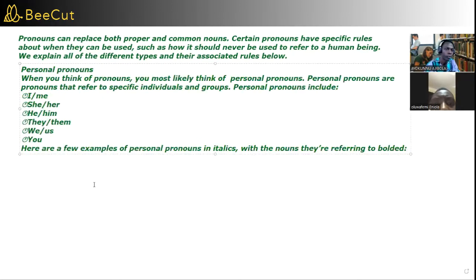When you think of pronouns, you most likely think of personal pronouns. Personal pronouns are pronouns that refer to specific individuals or groups. Personal pronouns include I or me, she or her, he or him, they or them, we, us, you. So these are examples of the nouns we are referring to.